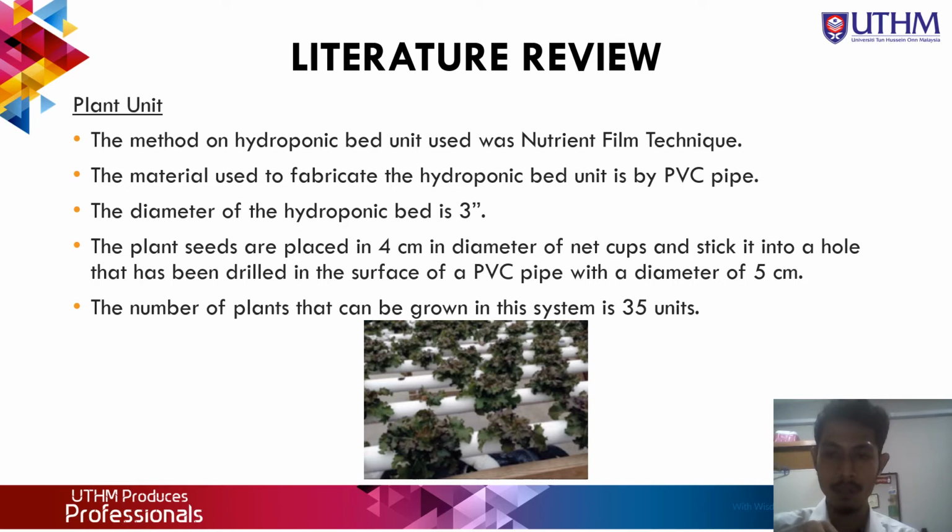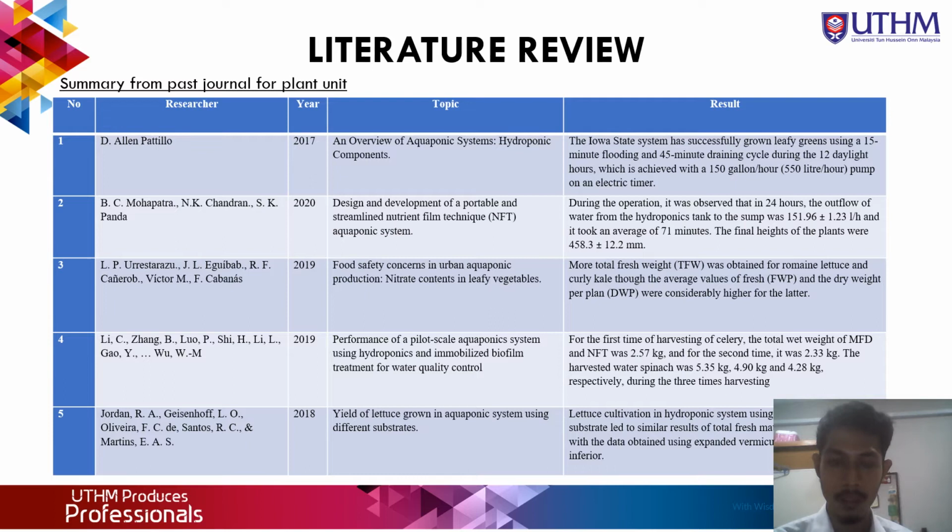So we attach the net pot into the hole drilled in the PVC pipe, and the number of plants that we can grow in my system is 35 units. Okay, so this is the summary from past journals for the plant unit.